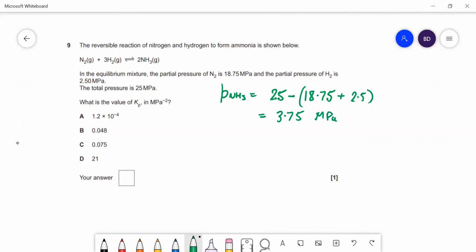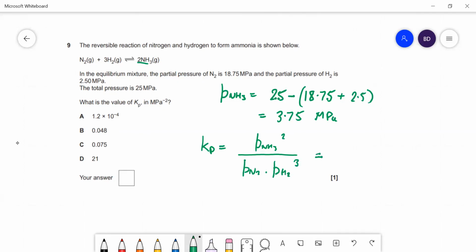megapascals. Okay, right. We want to work out what Kp is, though. Kp is equal to the expression there. This is going to be the partial pressure of ammonia squared divided by the partial pressure of nitrogen multiplied by the partial pressure of hydrogen cubed.